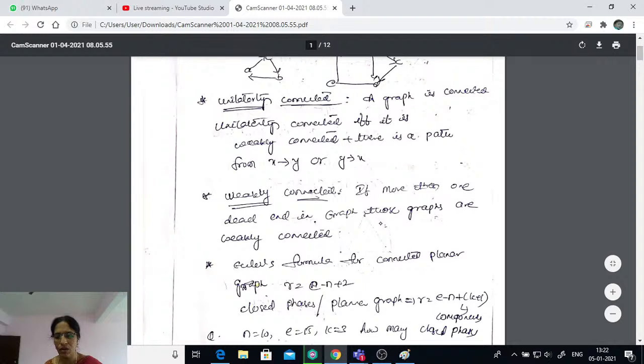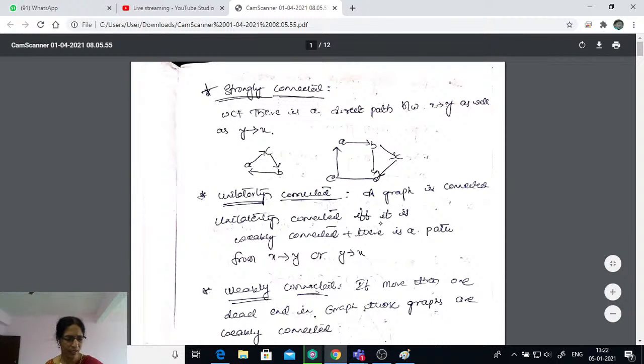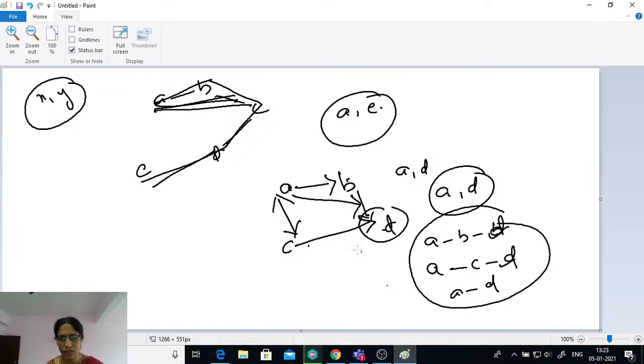Then what is a strongly connected graph? In a strongly connected graph, there is a directed path between x to y as well as y to x. Suppose you observe here A to C and C to B, and B to C is there. Suppose you find the path from A to B; some path exists.